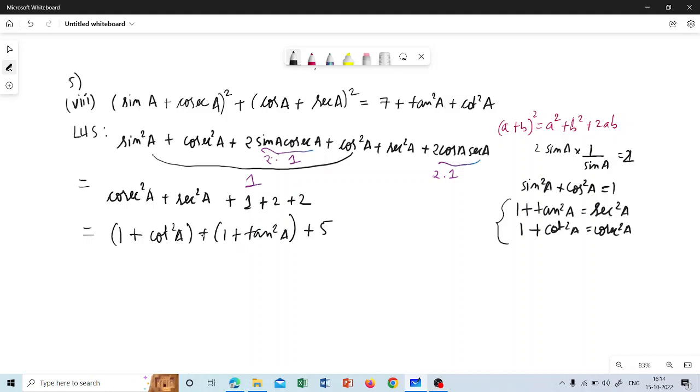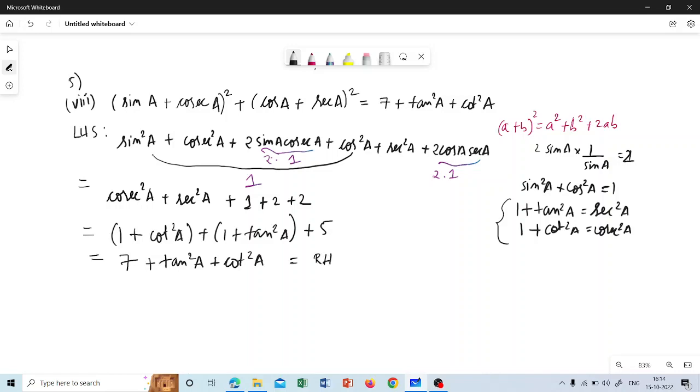This bracket is just to show that I am substituting this instead of this one, so no need to use the bracket in this case. So 1 plus 1 plus 5 is 7. So the 7 which was in the RHS, we got the 7. Similarly, plus tan square, we have got it, and the remaining term is plus cot square a. So this is what is equal to RHS.